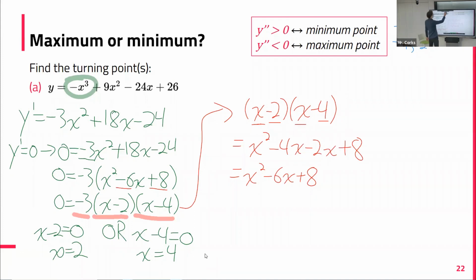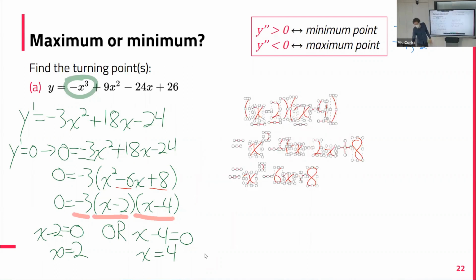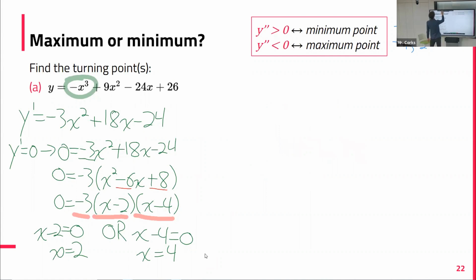We should be checking them with our second derivative now. So mostly done. Second derivative is what? Negative 6x plus 18. Okay, so in the previous examples, we had just a number, but now we have this function. So what are we going to do?